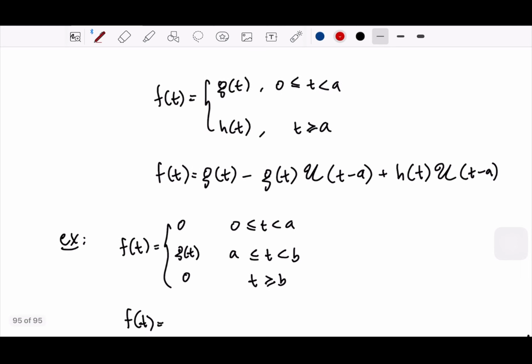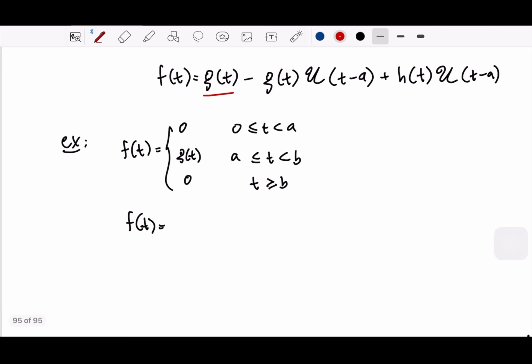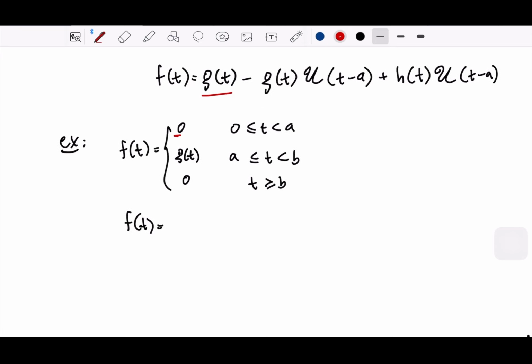Usually we need to take g of t, but since it's 0 for the first interval, we could directly write g of t multiplied with the unit step function t minus a, with a bracket, and then minus the unit step function t minus b.